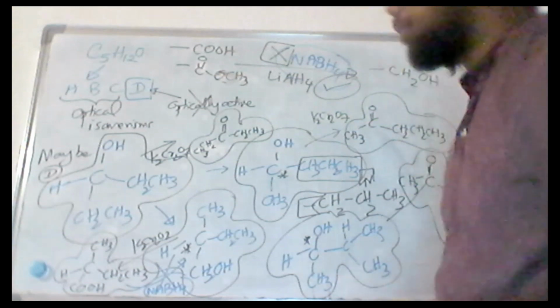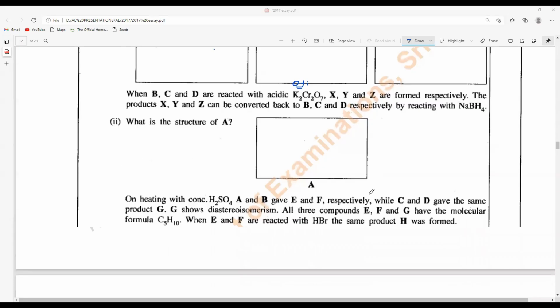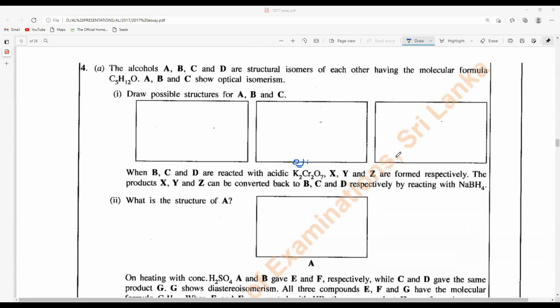So according to this piece of information, the question that they asked is, what is the real structure of A now? So you can understand B, C, D can be returned back. These three structures can be returned back to their original state using sodium borohydride. So this is simple A. This is also possible, this is also possible.